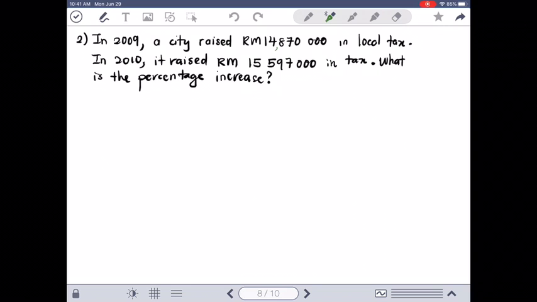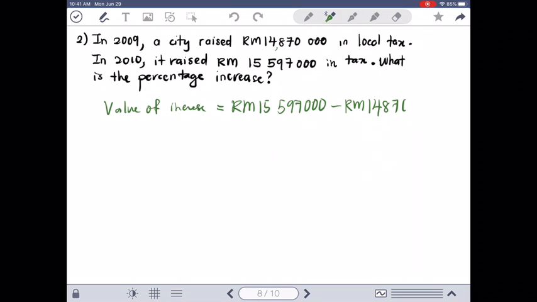Therefore, the value of the increase is equal to RM 15,597,000 minus RM 14,870,000.